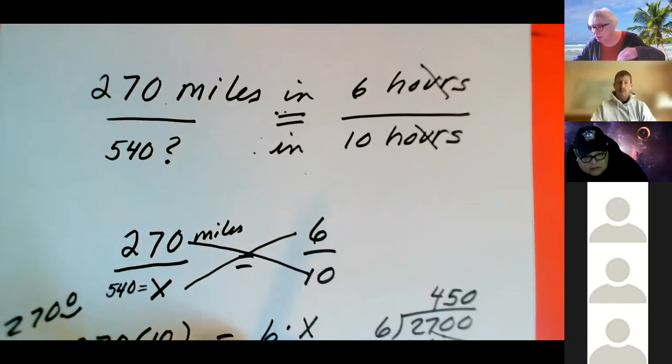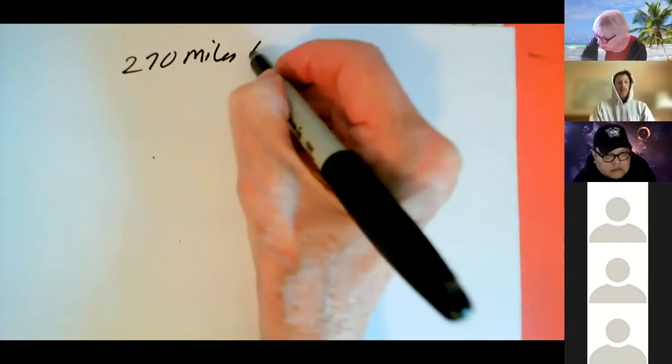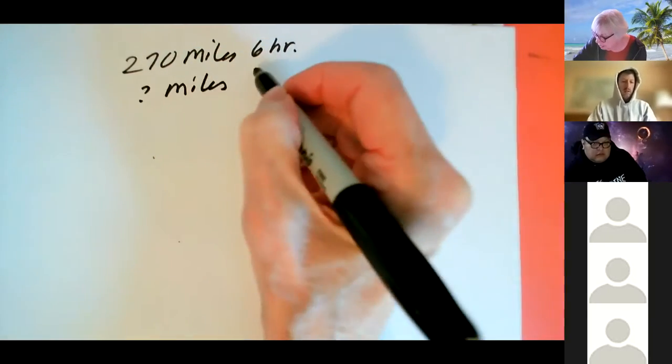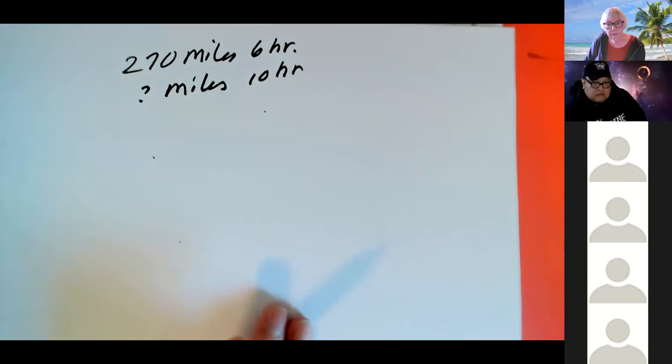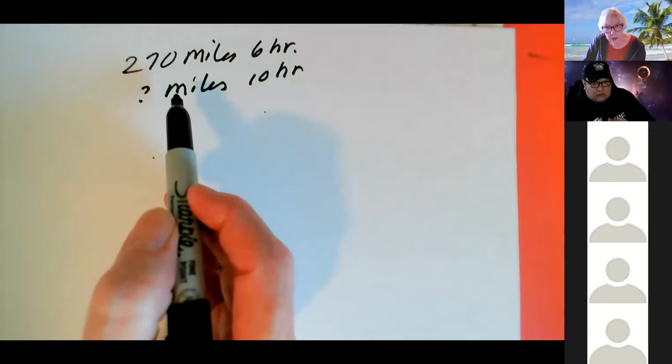And so the trick with these problems, in the first case I showed you, I just took notes, and remember it was 270 miles, 6 hours. How many miles in 10 hours? That was what was given. So this part here is the X.